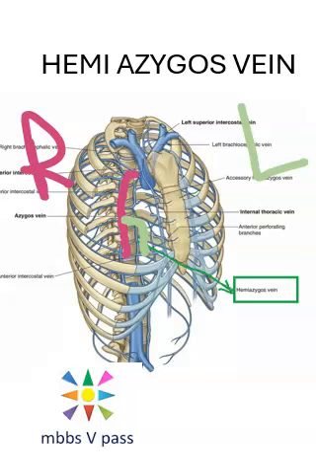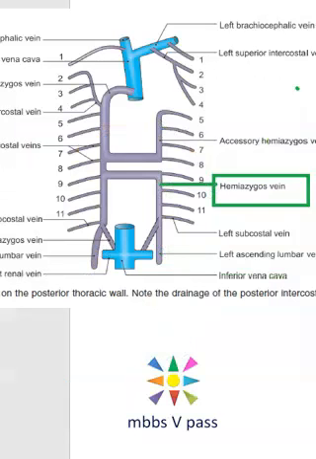So I will show. So basically, if this is our azygos vein, our hemiazygos vein is here, which is resembling very much the lower part of the azygos vein, and the union of the left subcostal vein, left ascending lumbar vein, and the left azygos vein forms this hemiazygos vein.